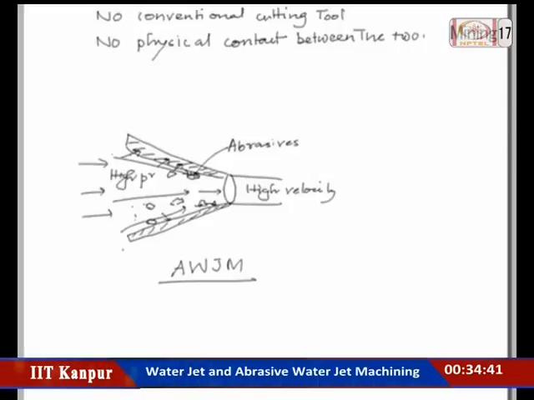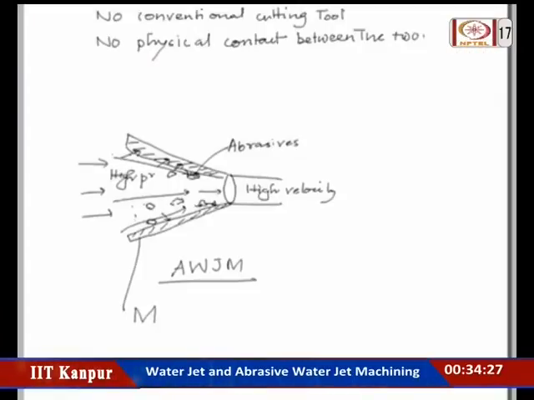Now, because of this continuous impact of the abrasives and the flowing fluid, these jet walls may get eroded very frequently, and this is one of the major problems encountered in this system. Therefore, choosing the right material for this jet or nozzle is a very big question.